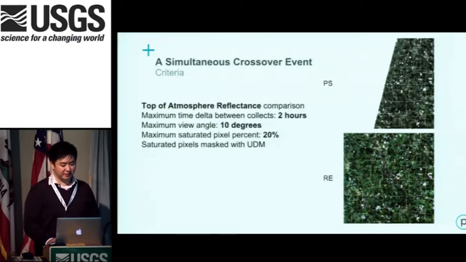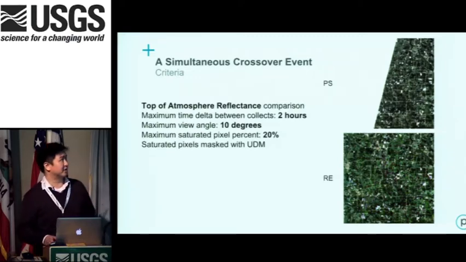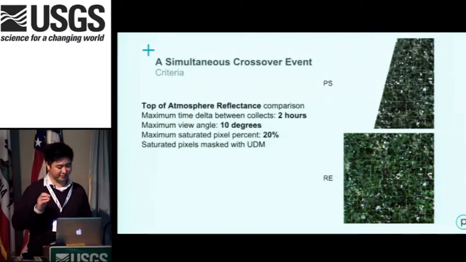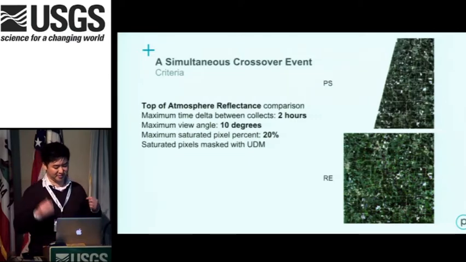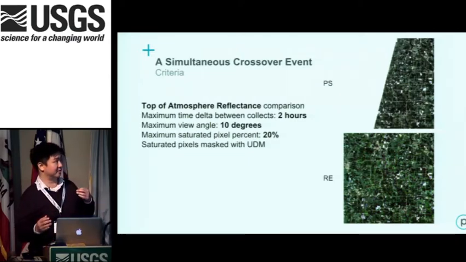So first of all, how do we define a simultaneous crossover event? We try to give quite a flexible definition of 2 hours as the maximum time difference between the two collects, so that we can gather as much data as possible.